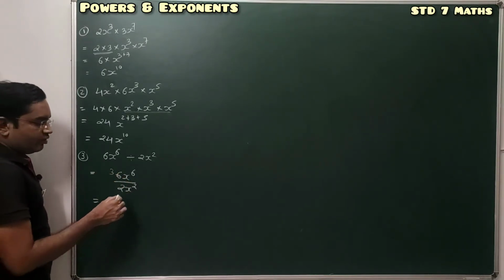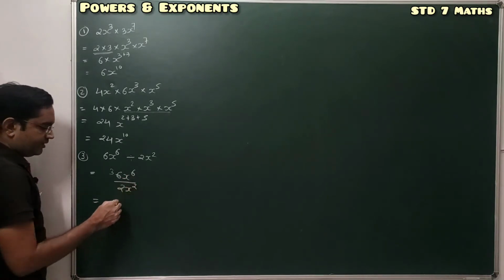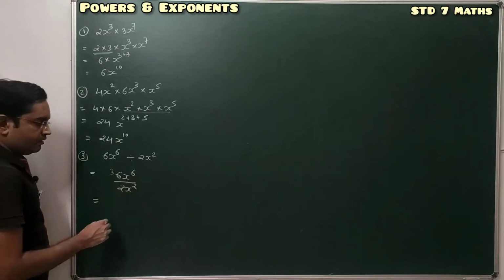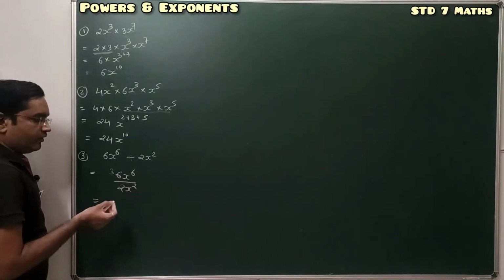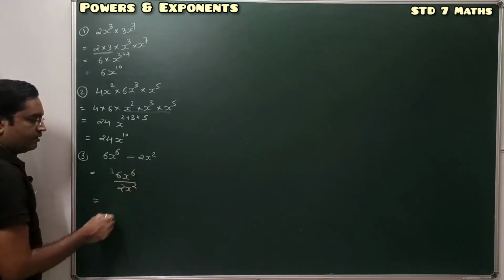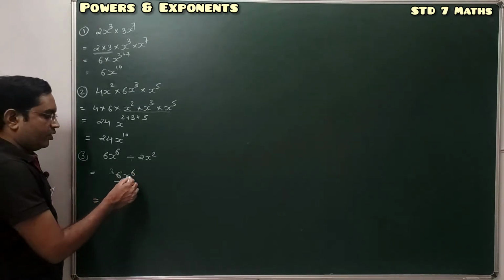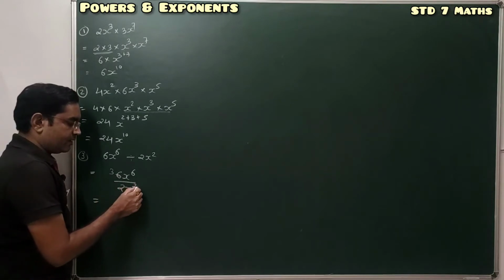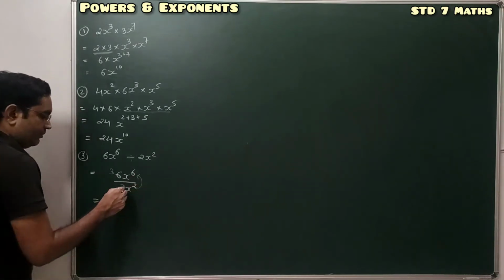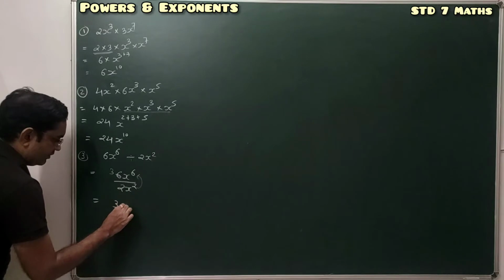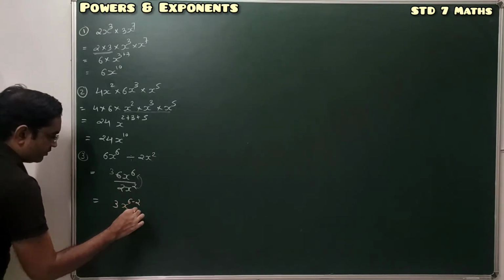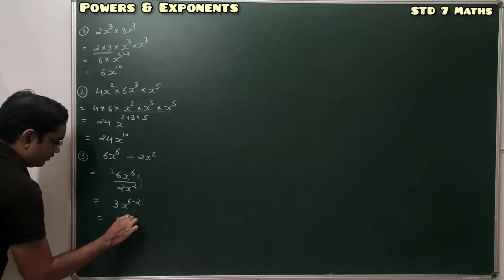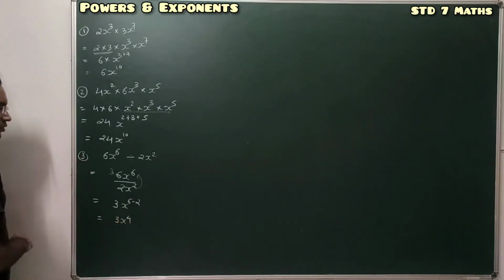For the division of the powers, x raised to 6 and x raised to 2 are in division and their bases are equal, so we can perform subtraction of the two powers. The power of the numerator is greater than the power of the denominator, so we perform the subtraction at the numerator. So it will be 3x raised to 6 minus 2, and that is equal to 3x raised to 4.